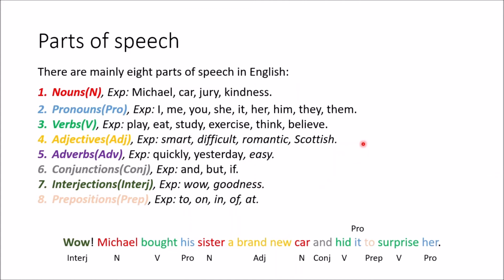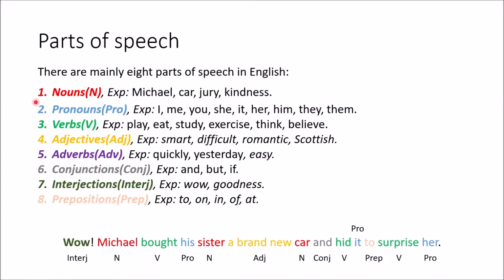So there are mainly 8 parts of speech in English. I've used some color to make it more explicable. So nouns, pronouns, verbs, adjectives, adverbs, conjunctions, interjections, and prepositions.